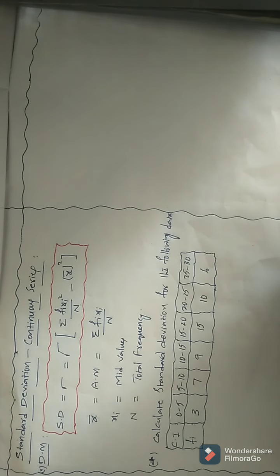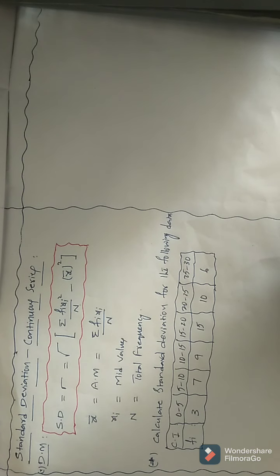As you all recall very well, while calculating arithmetic mean for the continuous data, we used to have three methods. One is the direct method, one more is the shortcut method, and the third one is the step deviation method.